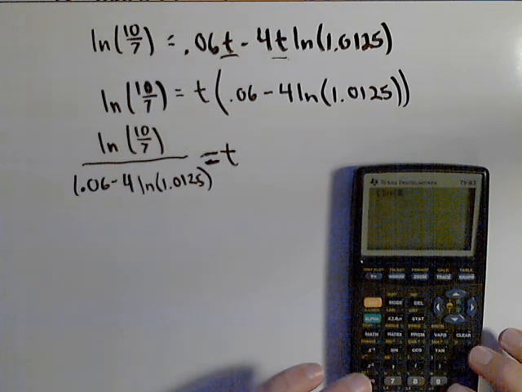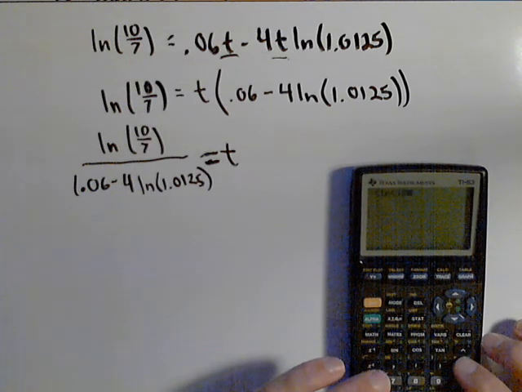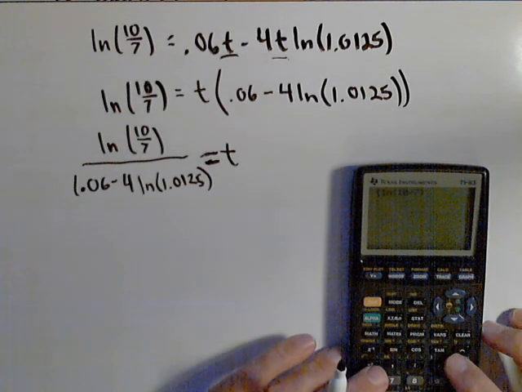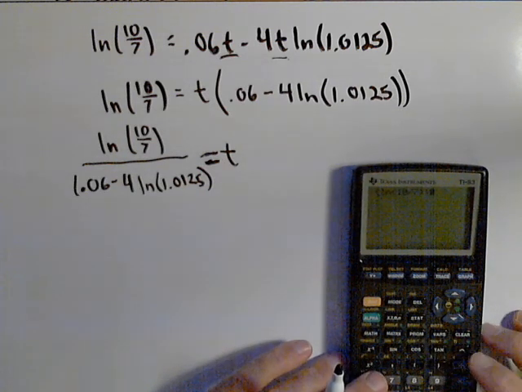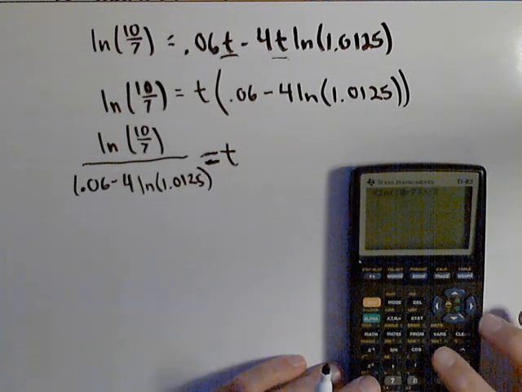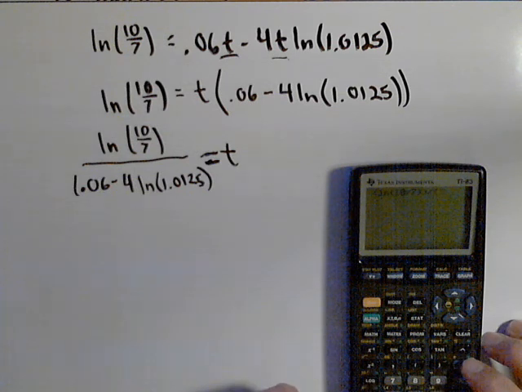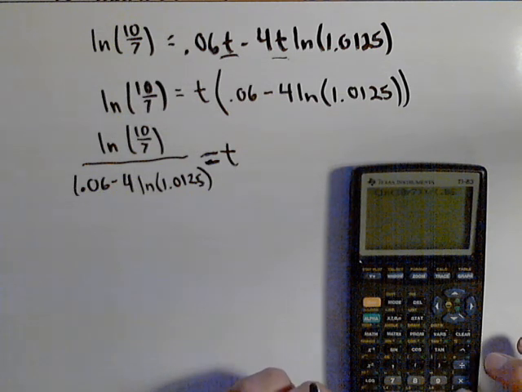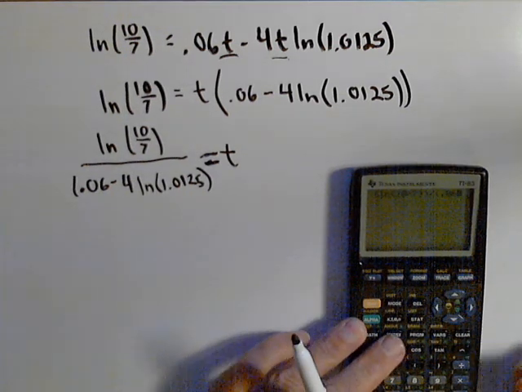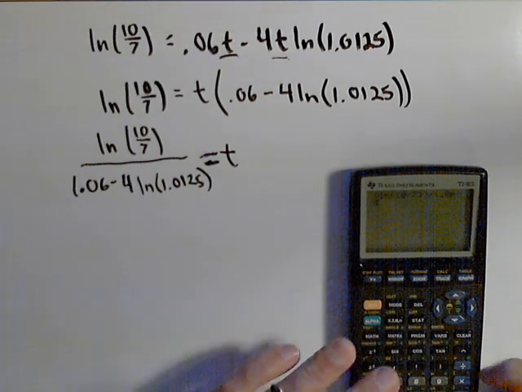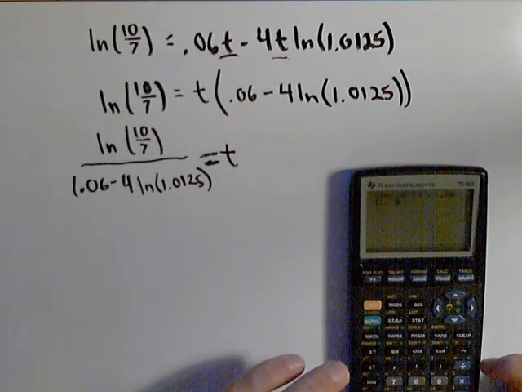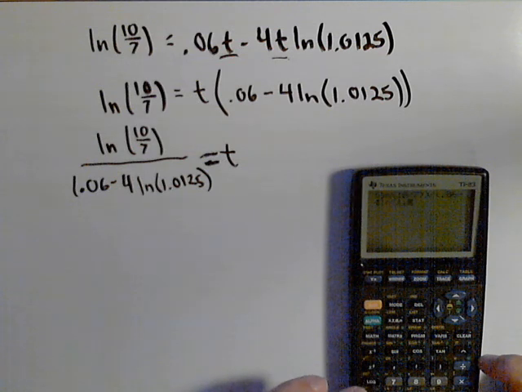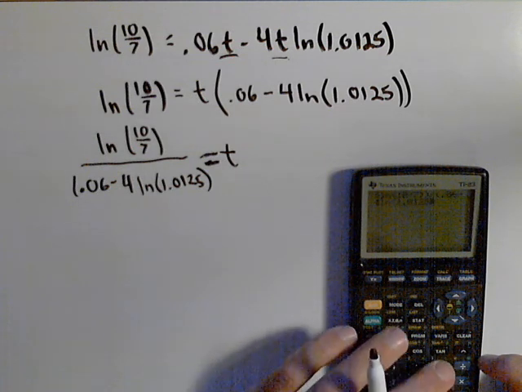And in the numerator, I'm going to have natural log of 10 divided by 7. And my numerator divided by, now definitely a set of parentheses for the denominator, 0.06 minus, sorry, my minus key sticks, 4 natural log of 1.0125.